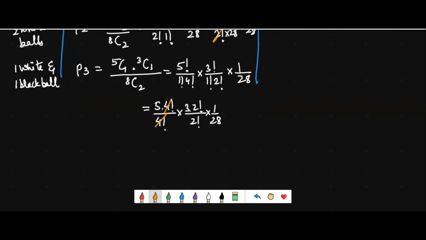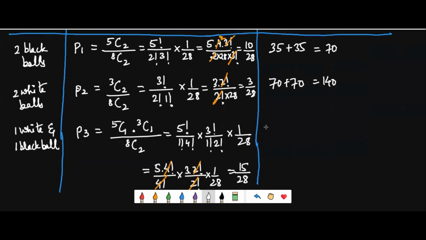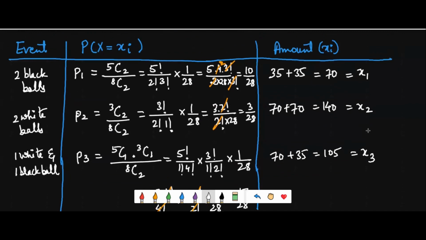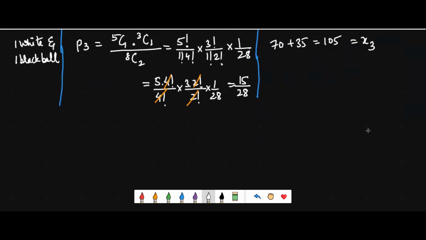On cancellation, we are just left with 5 3s are 15 upon 28, and the amount that we'll be getting here would be 70 plus 35, that is 105. So here you will see this is my x1, this is my x2, and this is my x3. So I have calculated the Pis, I have calculated the xis. So now quickly I'll be finding out the expectation.